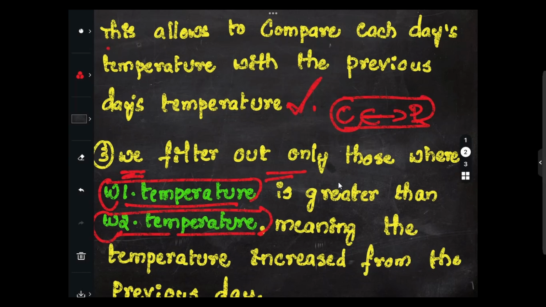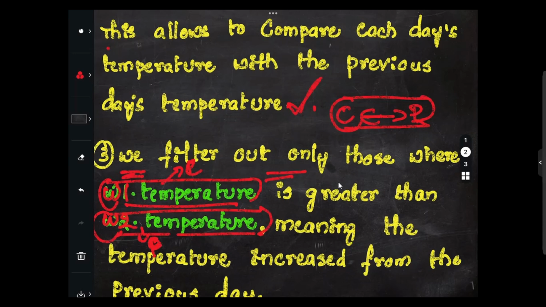Sorry, this one is the current day, this one is the previous day. So w1.temperature has to be greater than w2.temperature at any cost.